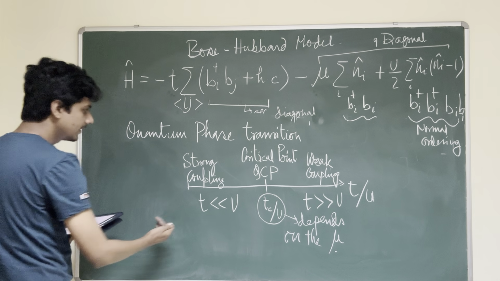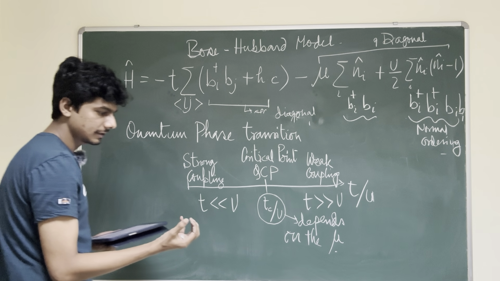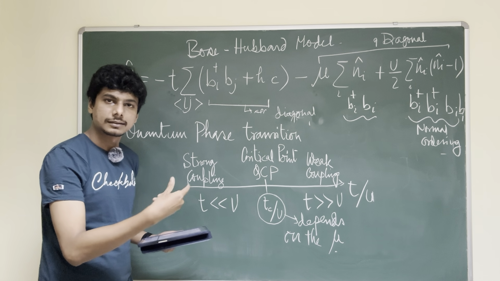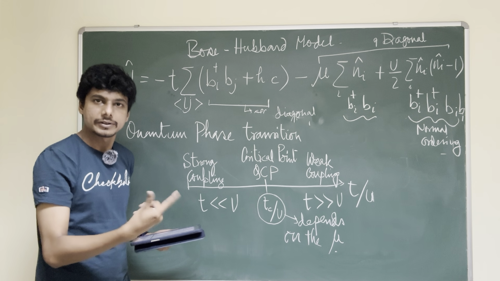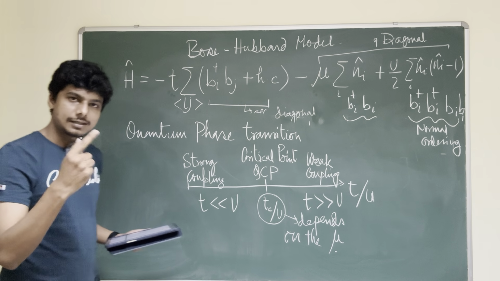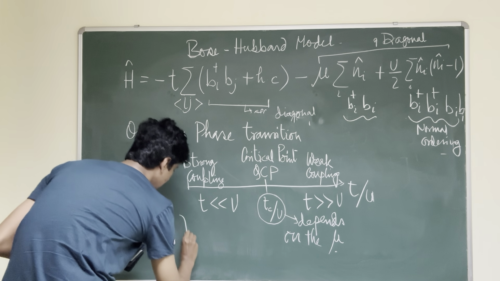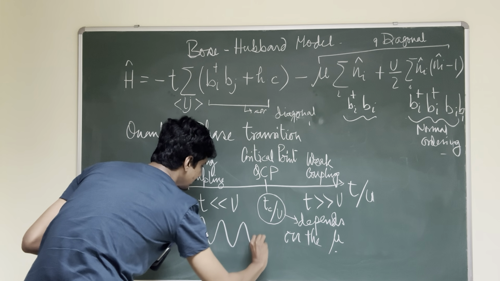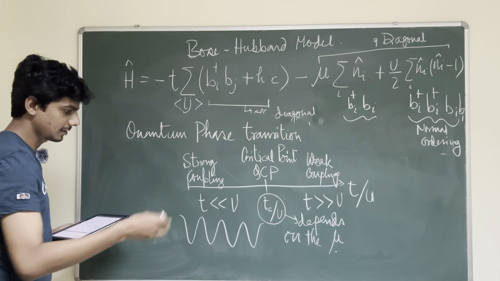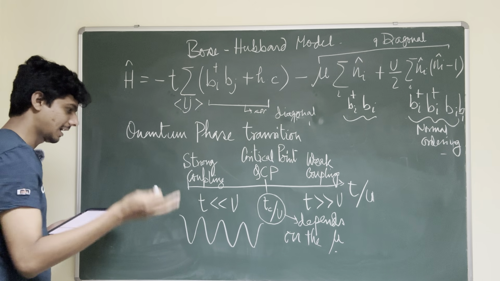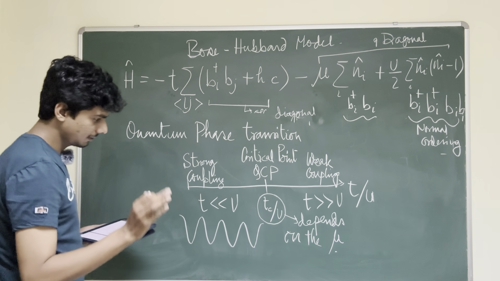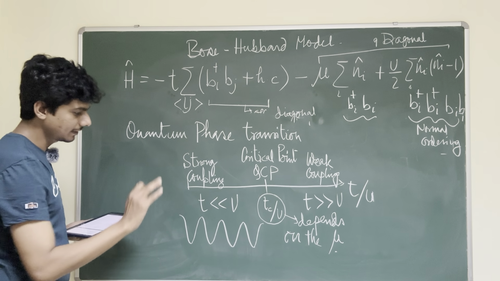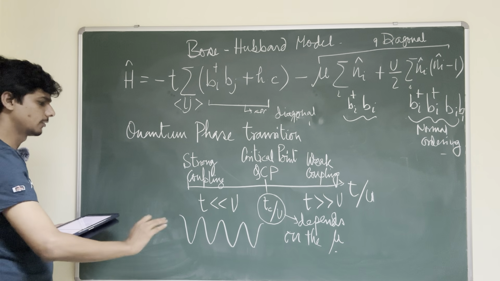In the strong coupling regime, where the on-site interaction is much larger than the tunneling probability or the hopping strength, if we think of this as a lattice in the one-dimensional picture, you can think of it in hypercubic space, but for the sake of simplicity I demonstrate it in the one-dimensional case and draw a schematic.